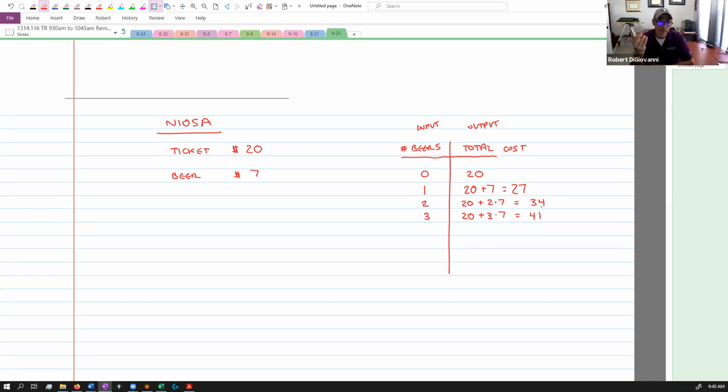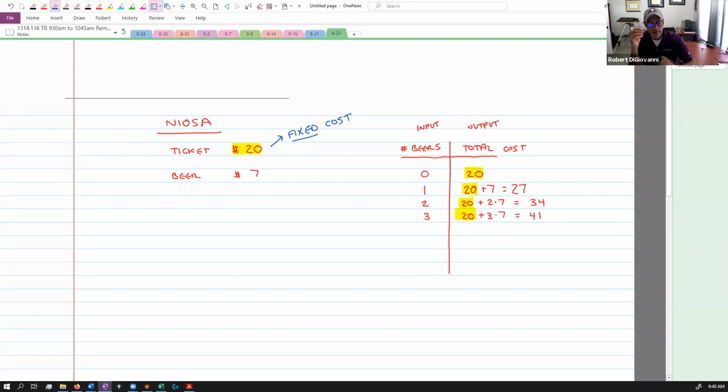So when we have something like this, what we need to do is recognize within this kind of formula that the 20 is always there, right? No matter what, the 20 is always there. So we call this $20 a fixed cost.